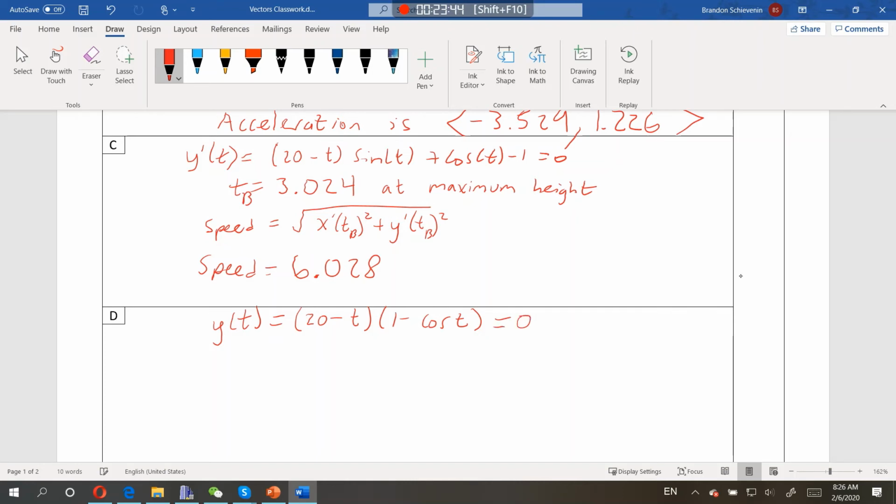So first one, t is 20, but it should be less than 20, so cosine t should be 1.